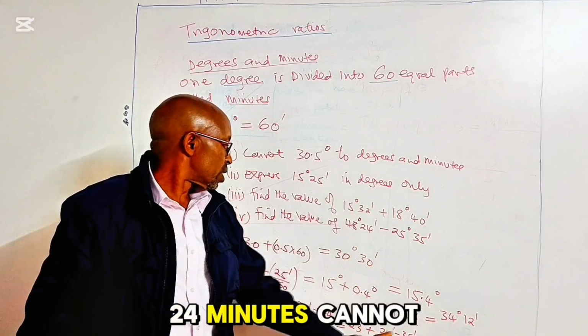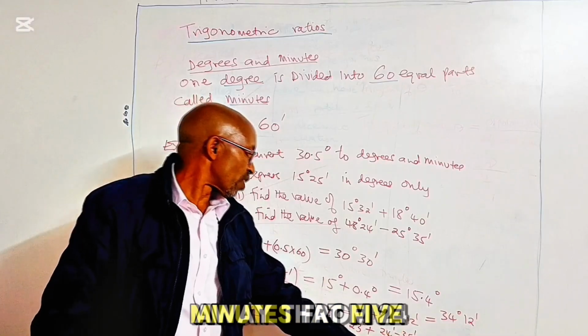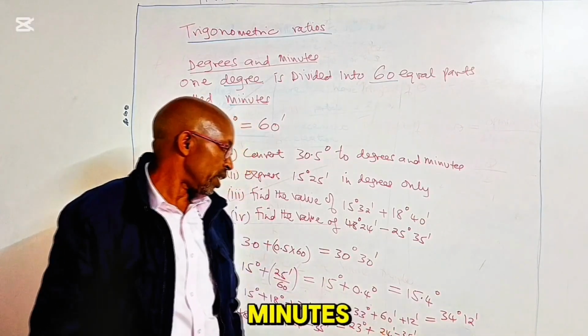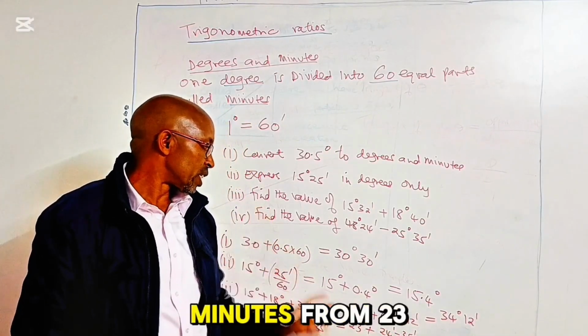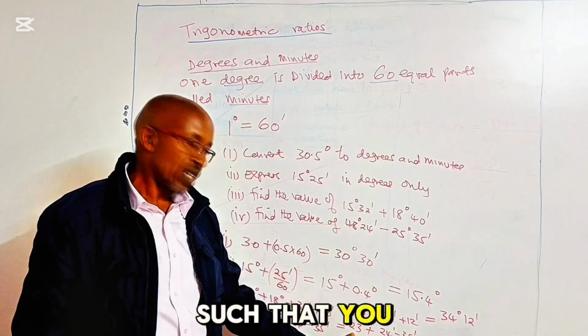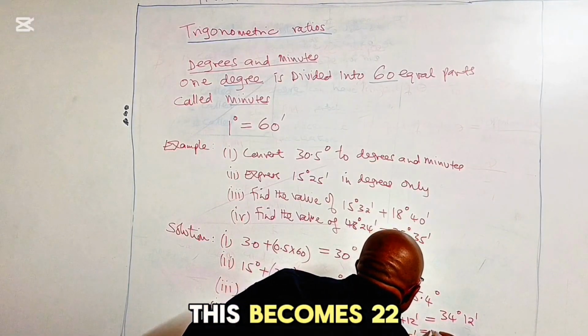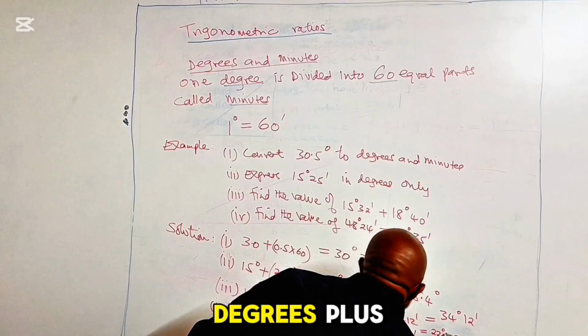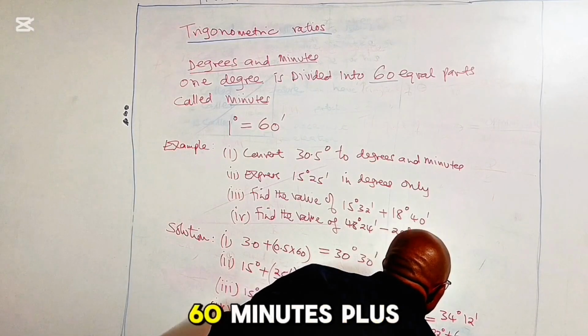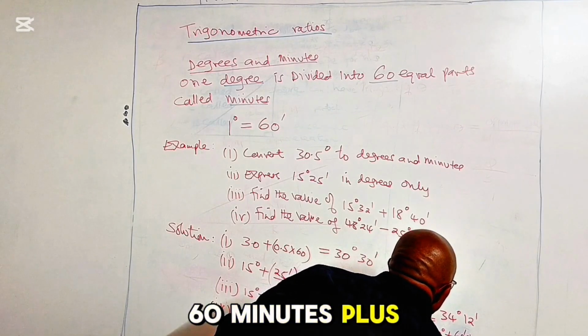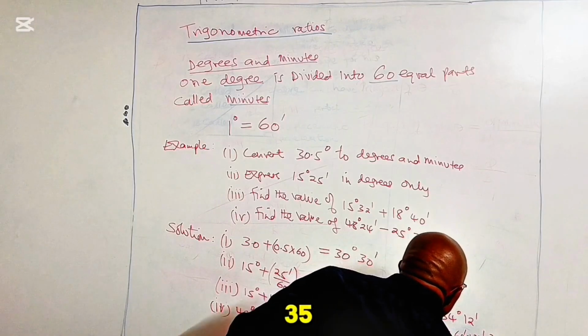24 minutes, you cannot take away 35 minutes from 24 minutes. So we need to borrow 60 minutes from 23, so that we are left with 22 degrees. This becomes 22 degrees plus 60 minutes plus 24 minutes minus 35.